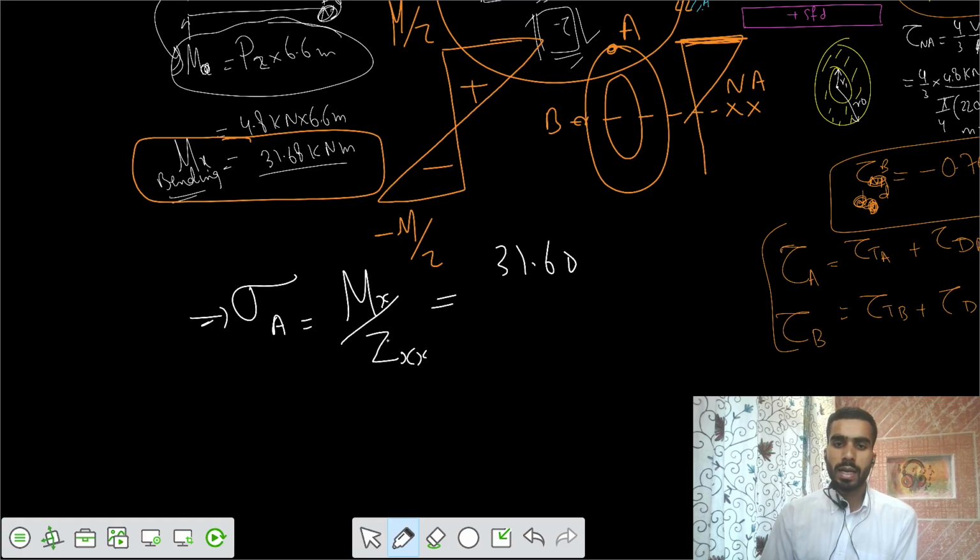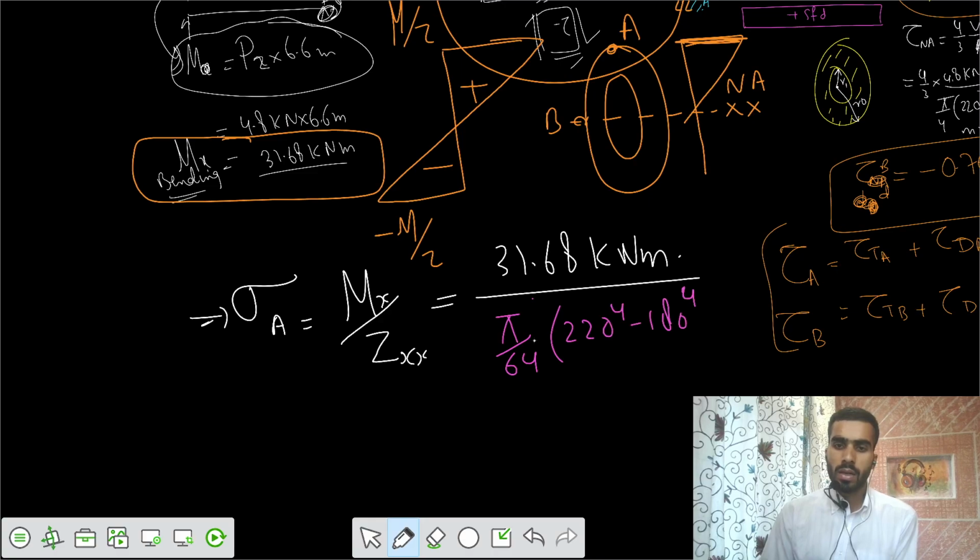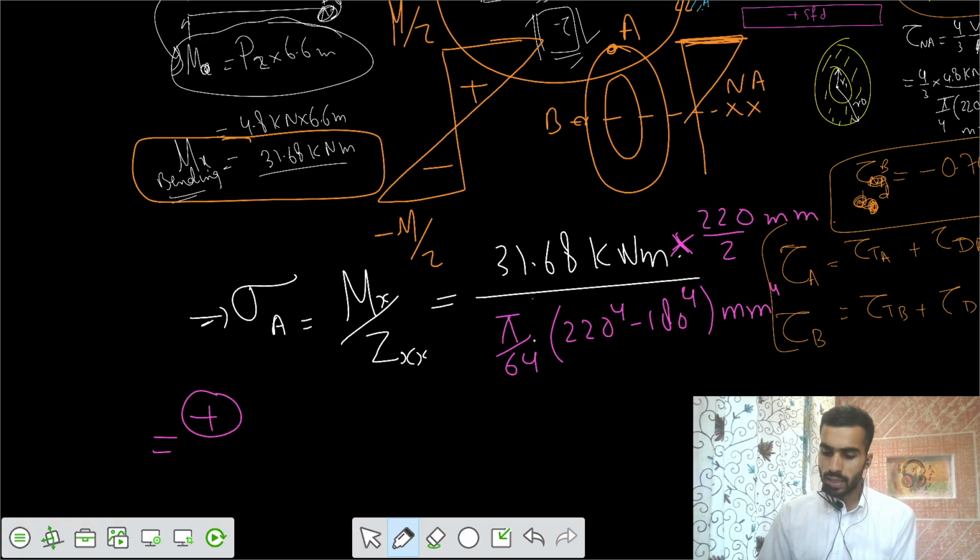That is 31.68 kilonewton meter, and we have I about the neutral axis. Do you know that value? That is pi by 64 times outer minus inner, in mm to the power 4, divided by y max. The value of y max would be 220 by 2 millimeter. You can get the value of sigma at A, that's positive tensile, 54.91 megapascal.